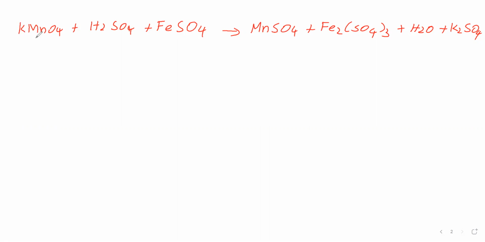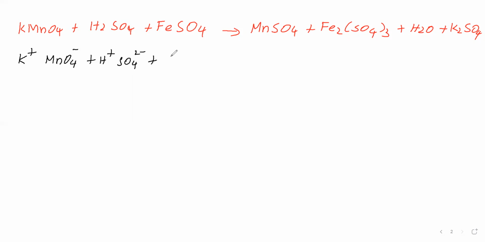Potassium permanganate contains K. Potassium is a first group element, which you write in the form of an ion. The rest you write separately: MnO4 minus. Mn and oxygen don't split. Then sulfuric acid we can write as H plus ions and sulfate. Sulfate doesn't split into sulfur and oxygen.